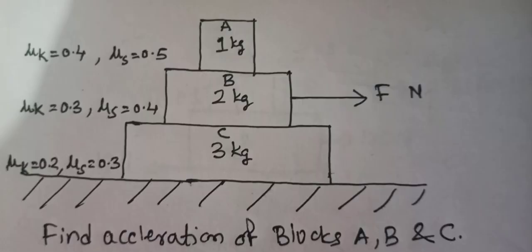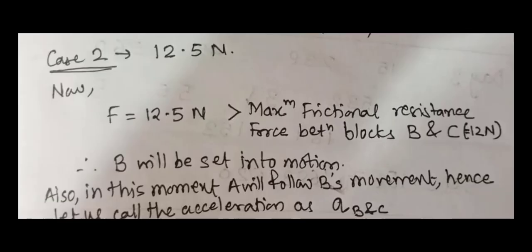Because this force F is more than 12 Newton, which is the maximum frictional resistance force between blocks B and C, the block B will now be set into motion under this 12.5 Newton force. So as soon as we start applying 12.5 Newton, the block B will start moving.